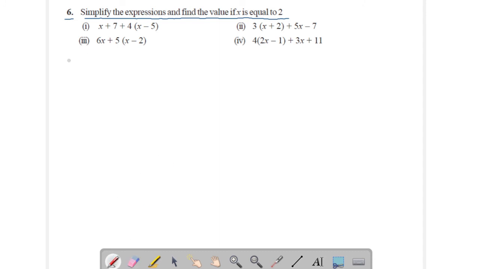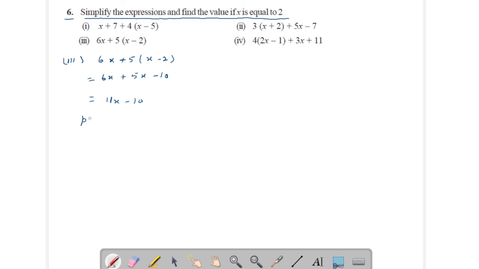Now come to third part. It is 6x plus 5 within the bracket x minus 2. Open the bracket. You will get 6x plus 5x minus 5 twos are 10. Solve it. 6x plus 5x, it is 11x minus 10.